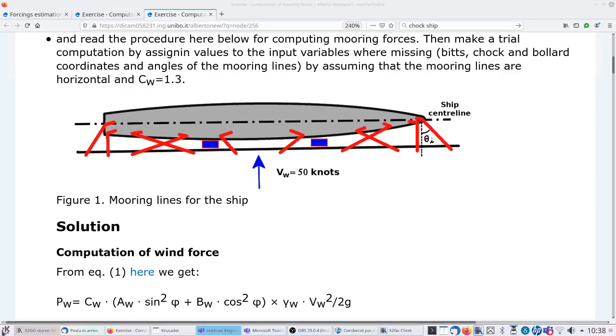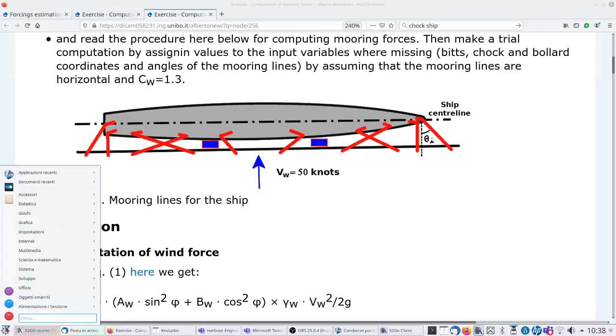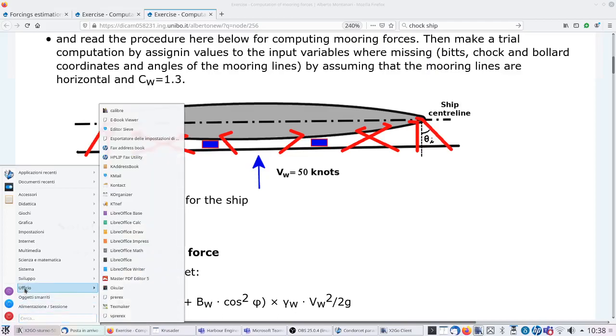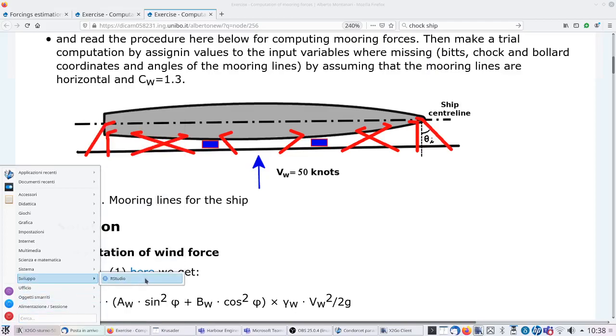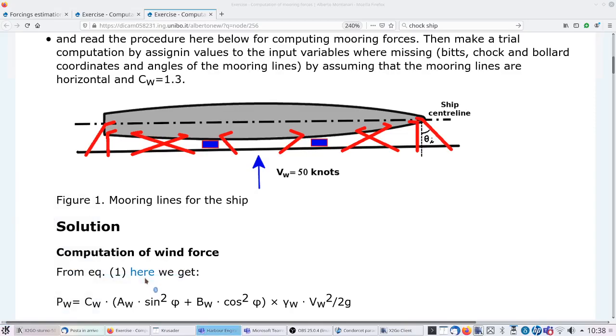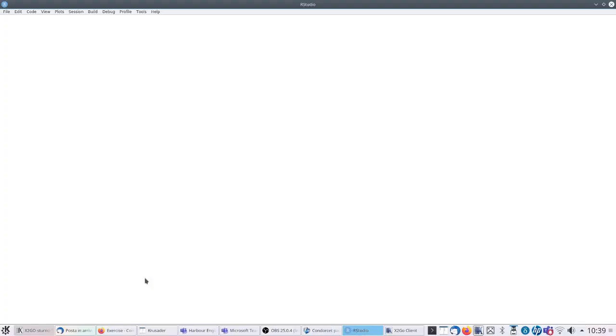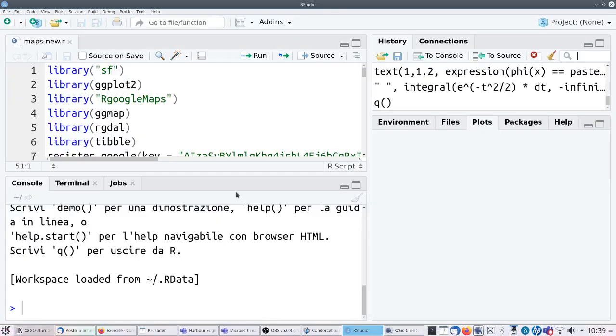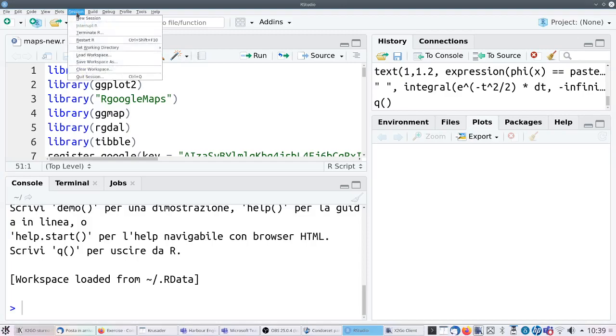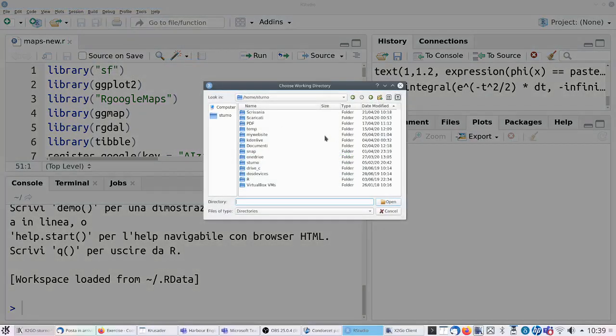So let me open RStudio. Here it is, and let me clean everything if needed. Let me change the directory, set working directory.